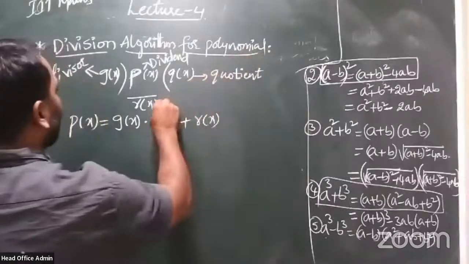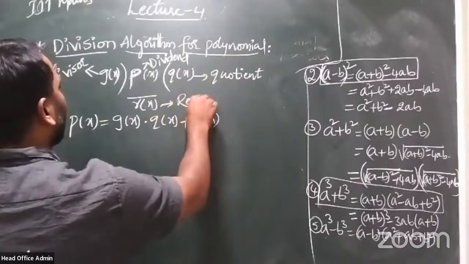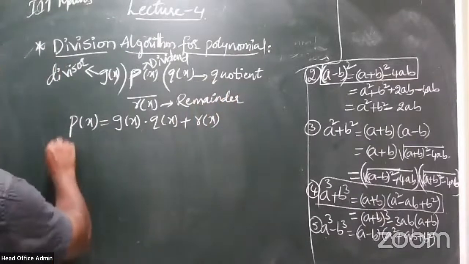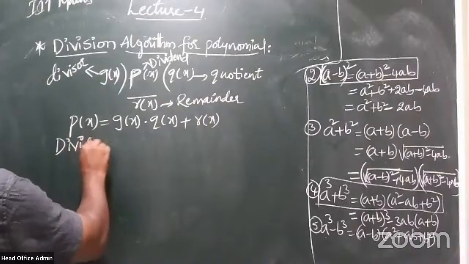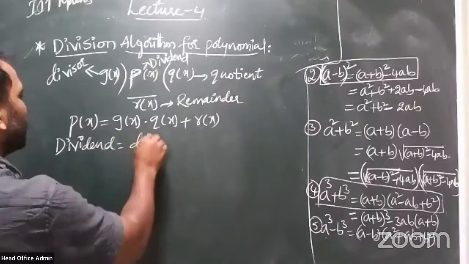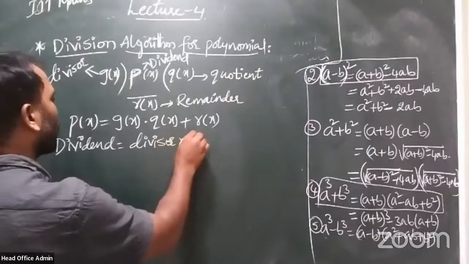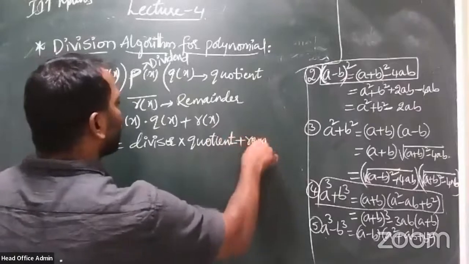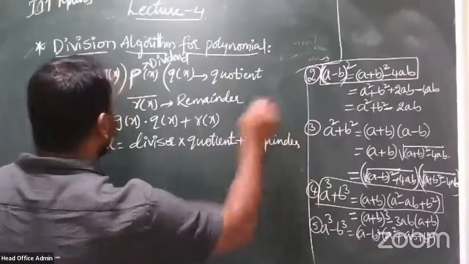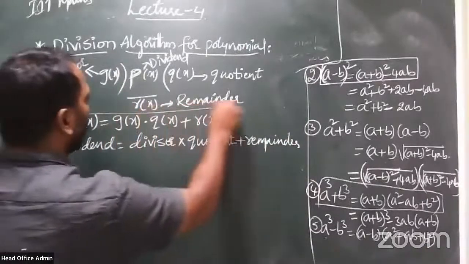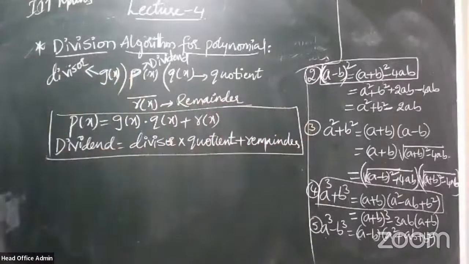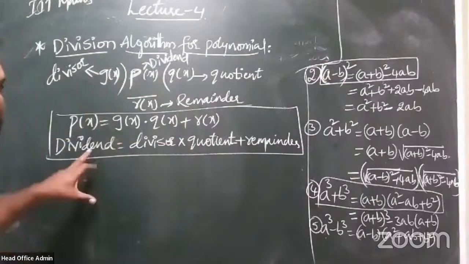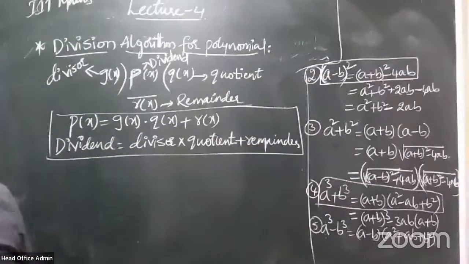P of X is equal to G of X into Q of X plus R of X. This is called dividend, this is called divisor, this is quotient, and this is remainder. So dividend equals divisor into quotient plus remainder. This is the division rule.